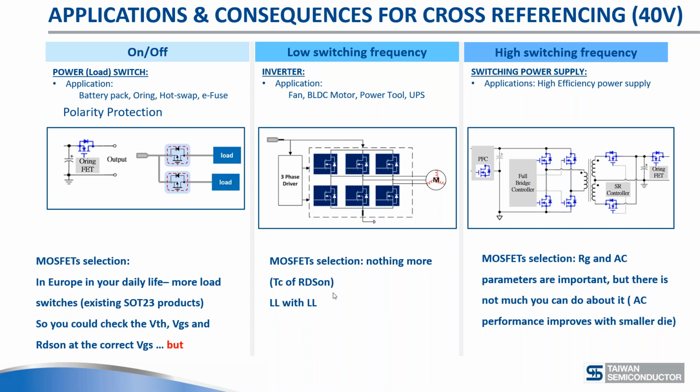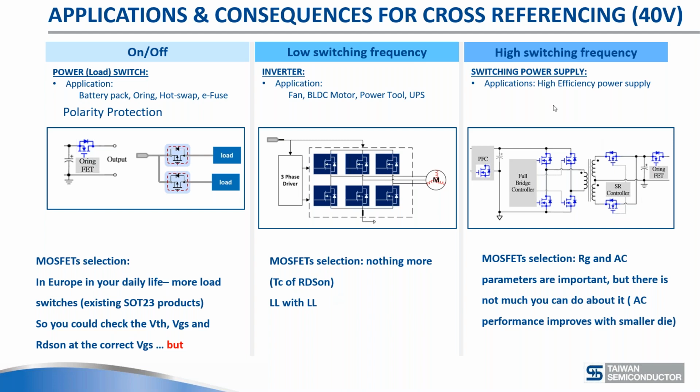And the temperature coefficient of the RDSON is actually also important here. But here it's quite possible to replace one MOSFET by the other. So your chances of being successful with cross-referencing actually are high in this case. So this is an area where you can have a good success rate cross-referencing here.